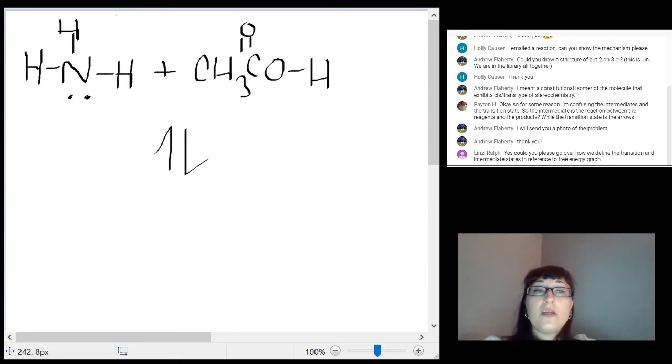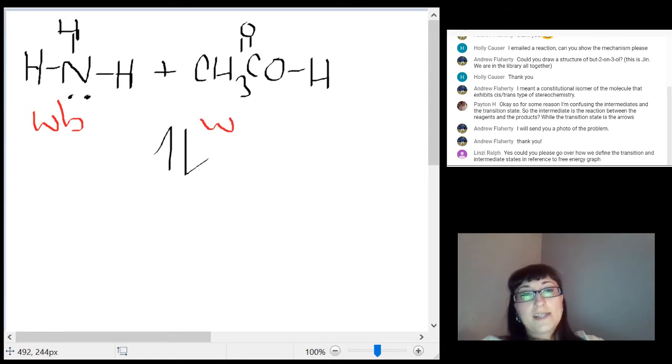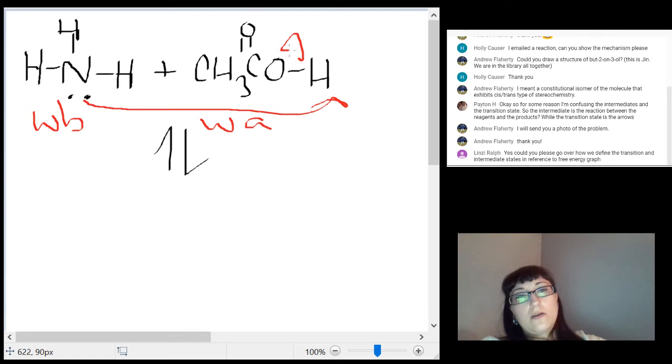We know that the amine, or the ammonia in this case, is the weak base. We know that the carboxylic acid is a weak acid, because the carboxylic acid has a pKa of 2 to 4, whereas ammonia is closer up to 30. The weak base is going to be your nucleophile that attacks the hydrogen and displaces that bond between the hydrogen and oxygen as a lone pair on the oxygen.